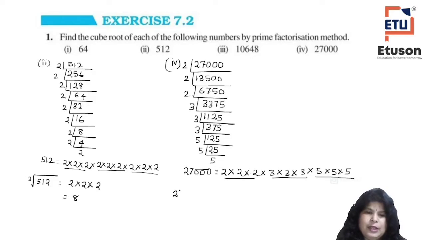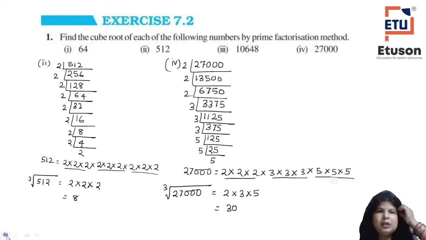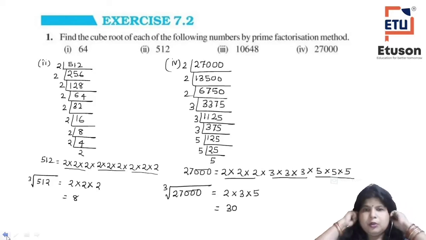While finding out the cube root of 27,000, you have to take one number from each group of 3. So you got 2 here, then 3 here and 5 here. So your answer is 2 into 3 is 6, 6 into 5 is 30. Correct, children? Hope you have understood.